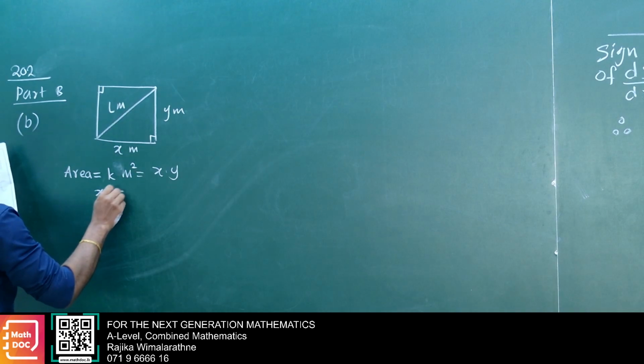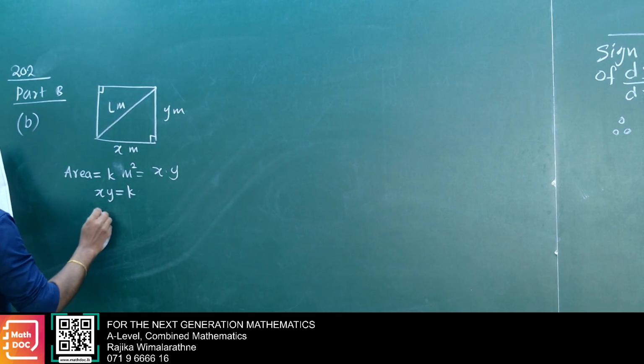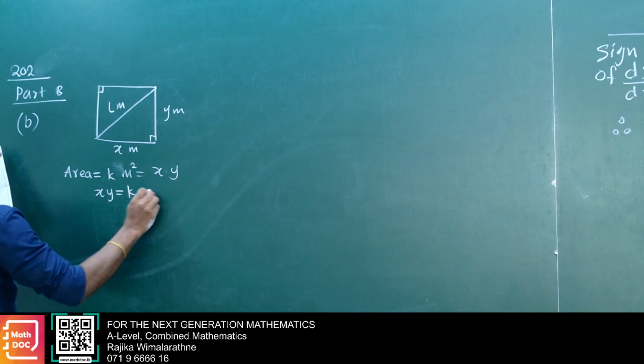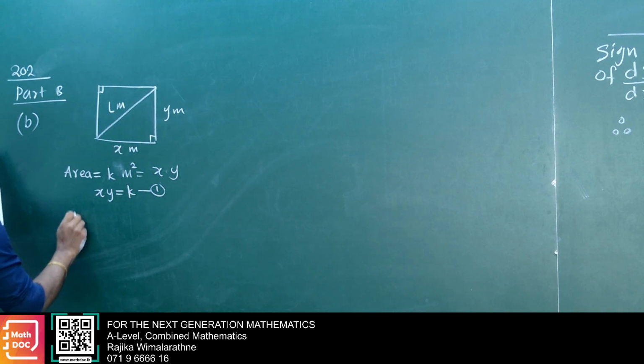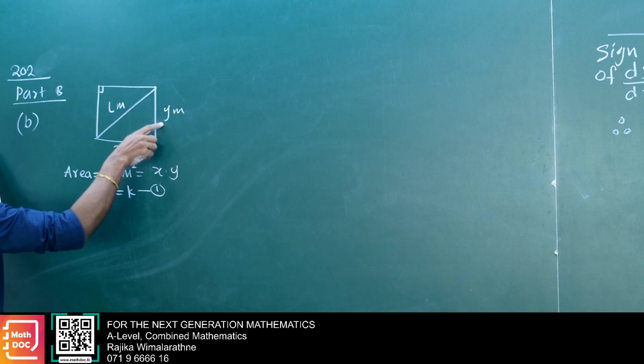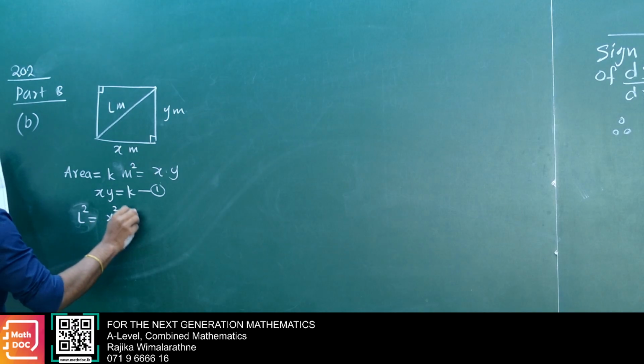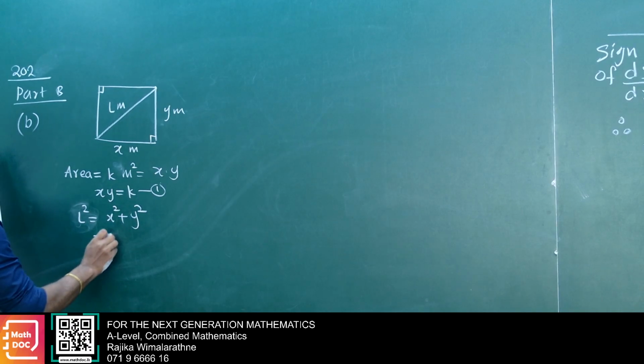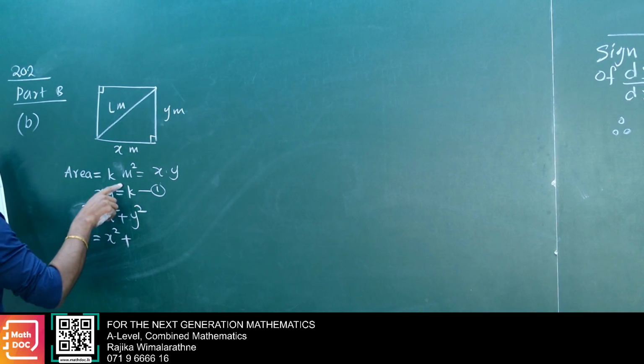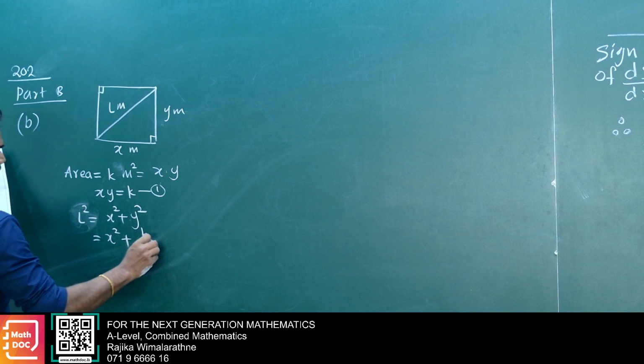Then xy equals K. Then apply the Pythagorean theorem, L squared equals x squared plus y squared. Then y equals K divided by x.